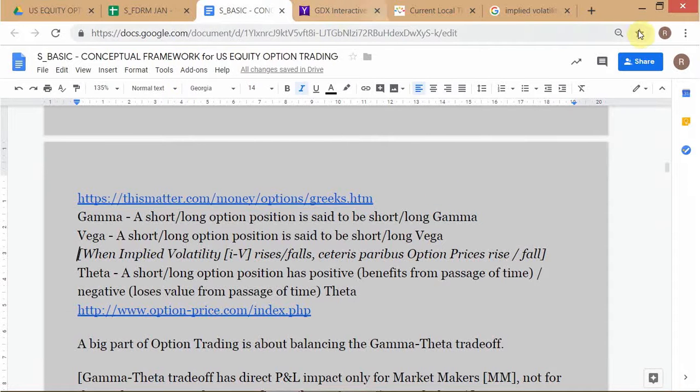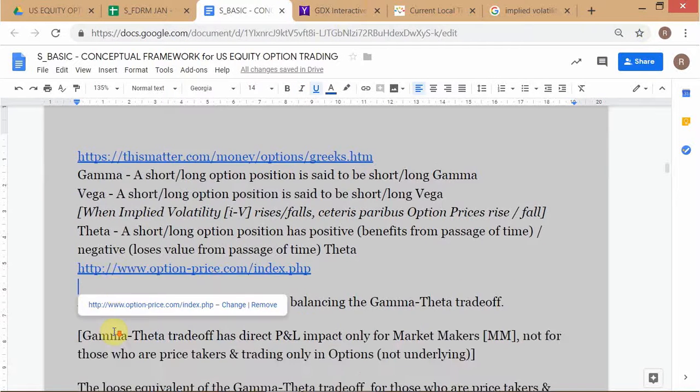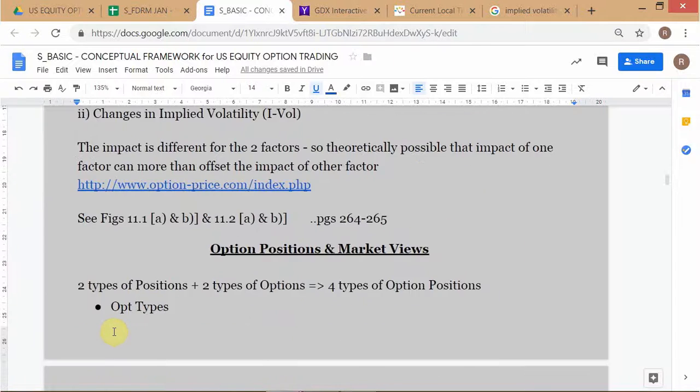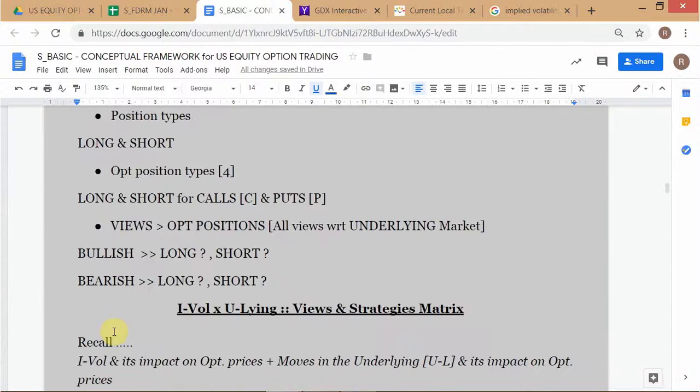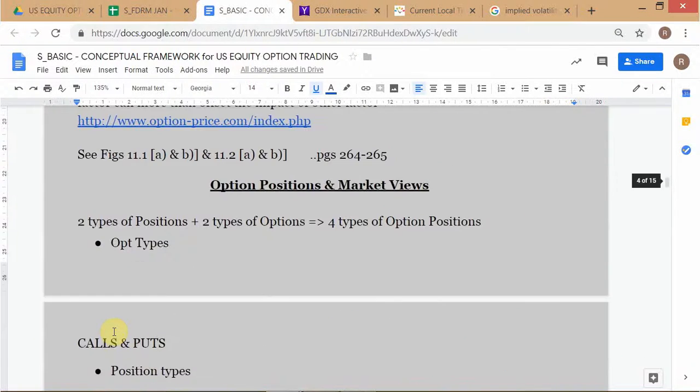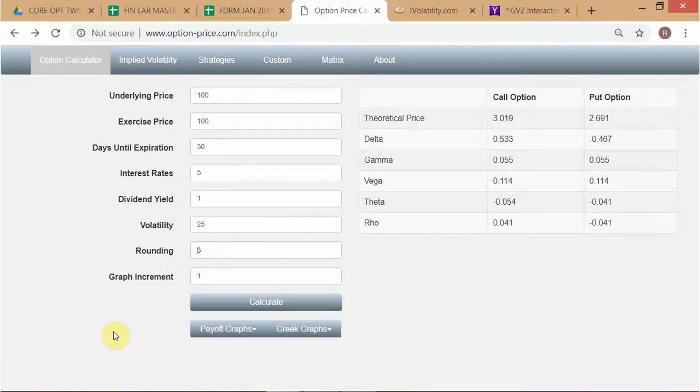So let's look at an example. Let's look at any option price. Here the call option is worth $3, and if you look at an option price which is worth, say, $6, then this is your OVM valuation model, which is giving you a theoretical price, which means this is the fair value.